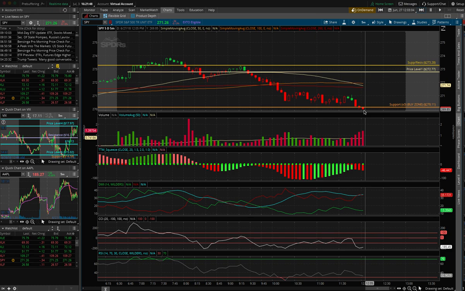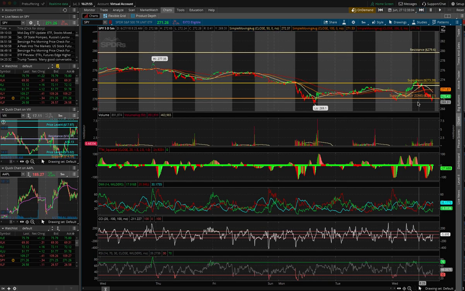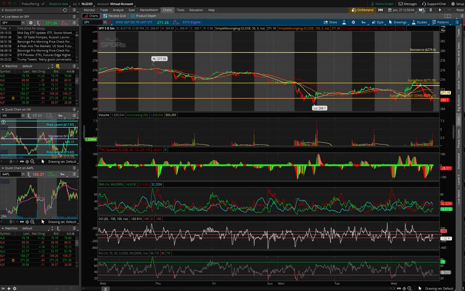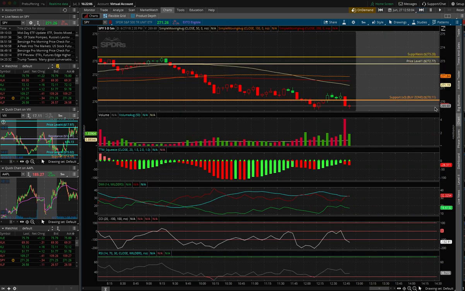Okay, so now it's breaking through. It broke through but came back up. So this would be another buying opportunity. Broke through.